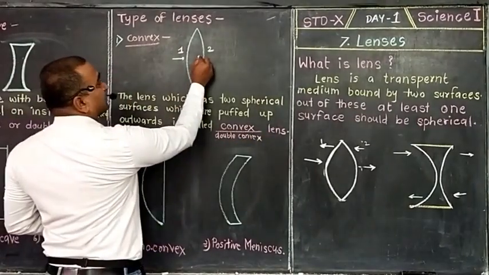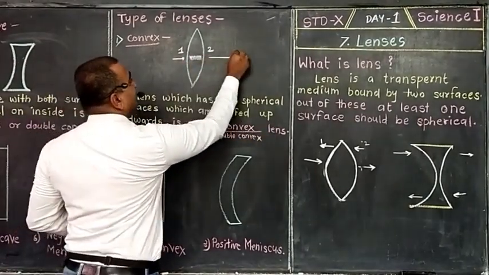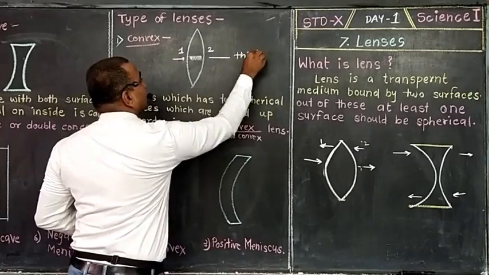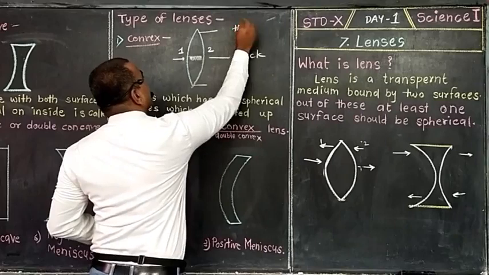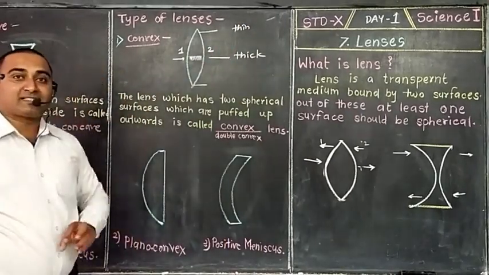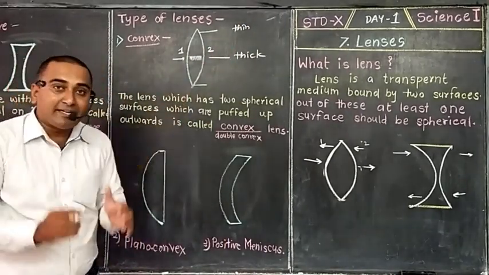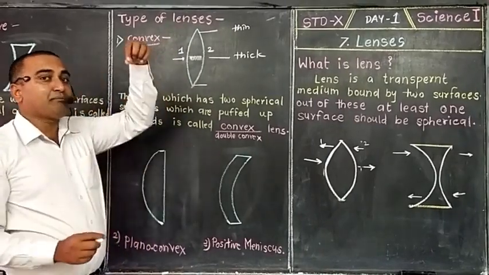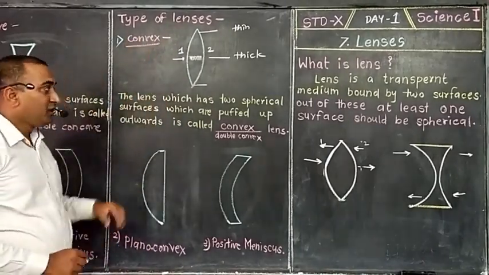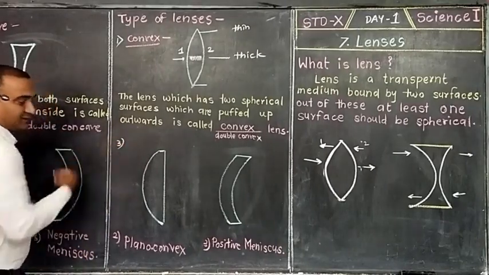See, how is the lens? In the middle it is thick and towards the ends it is thin. So the double convex lens is thicker in the middle and thin at the ends, or it has tapered ends. Now the third lens is here.